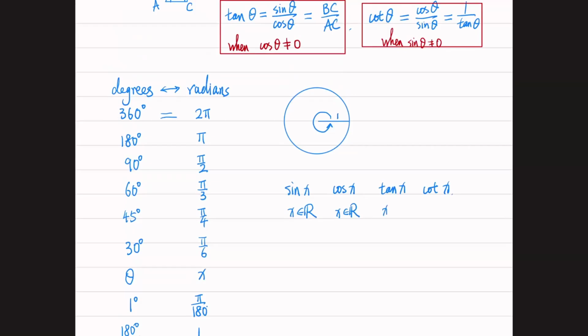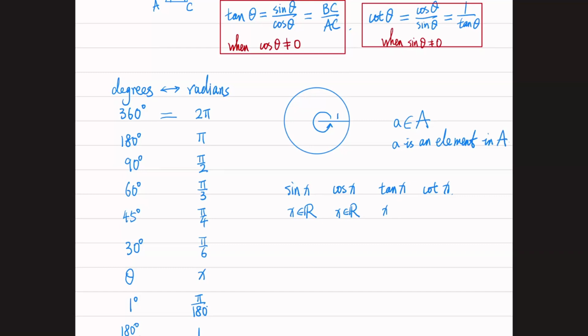Excuse me, what's the sign behind the real numbers? Okay, so this symbol. That means x is an element. Oh, we never taught that sign. Okay, I'm glad you asked.